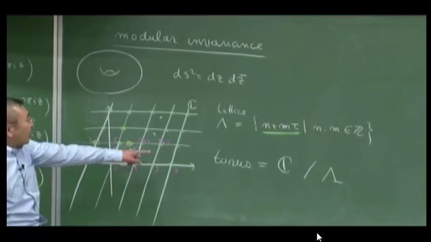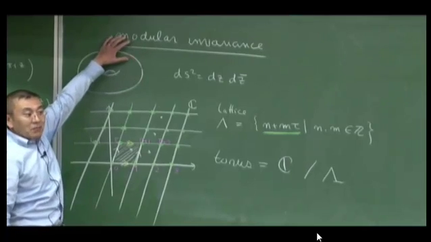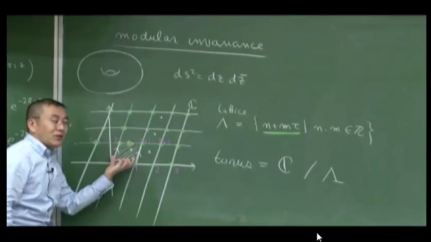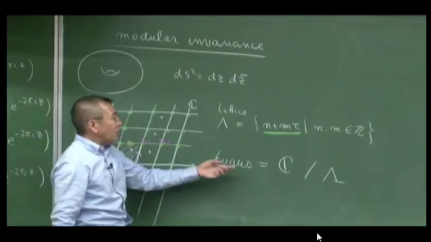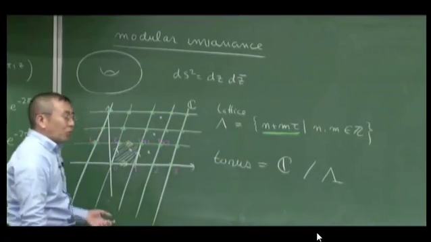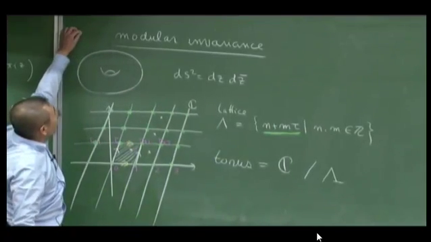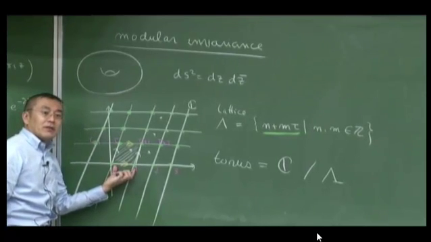You can show that by using translation by this lattice, you can bring any point on the plane back into this parallelogram. So when we say that we divide the complex plane by the lattice, what it means is that we can bring any point on the complex plane inside of this parallelogram.